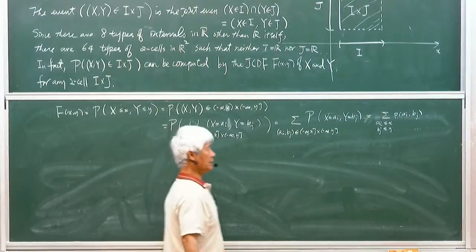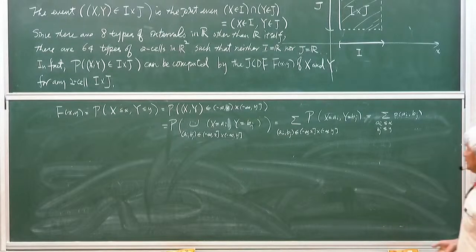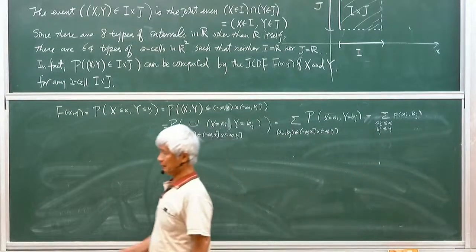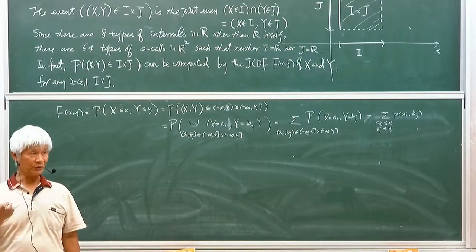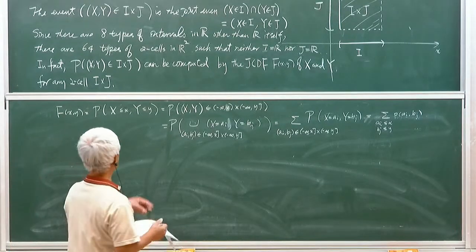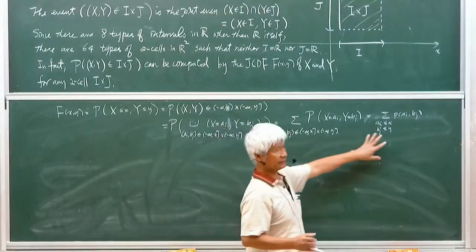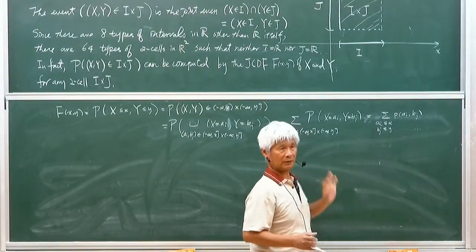So usually, the distribution of two discrete random variables will be described by their joint PMF instead of their joint CDF, even though we know how to compute their joint CDF from their joint PMF.